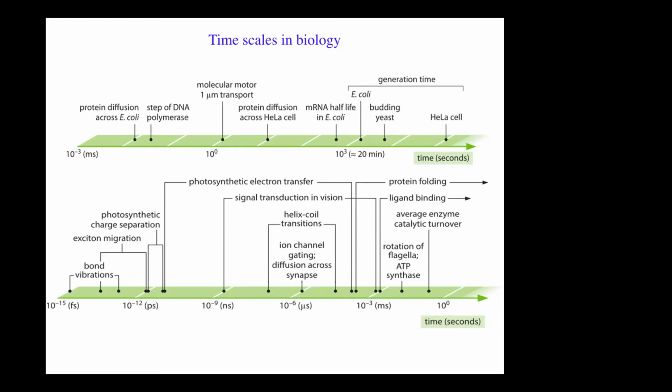It depends on how complicated their structures are, how big they are, and things like that. And then things like ligand binding. How long does it take a growth factor to bind a growth factor receptor in a cell or something like that? That, again, takes milliseconds. So a lot of these cellular reactions don't happen super fast, but they do happen on the time scale that the cell needs to respond.